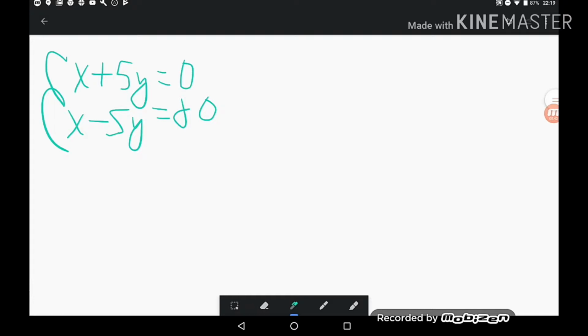So let's say you had a system of equations of x plus 5y equals 0 and x minus 5y equals 20. Now, you have to determine which method to use based on what's given to you. And in this case, you're going to use the method elimination. The way this works is that you want one variable on each side to result in 0.